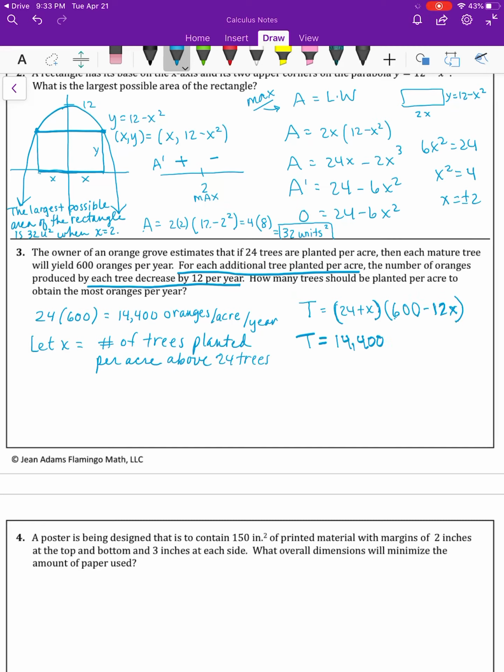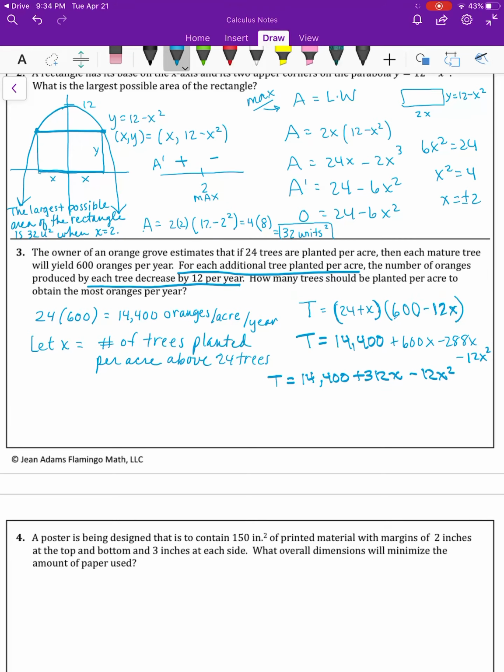So this is going to be your new total number of oranges equation. And if we want to maximize the total number of oranges per year, we're going to take the derivative of this. So if I take 24 times 600, I'm going to get 14,400. And then I've got my plus 600x.